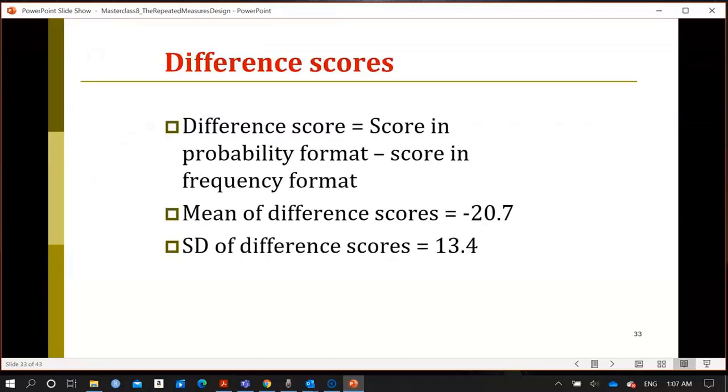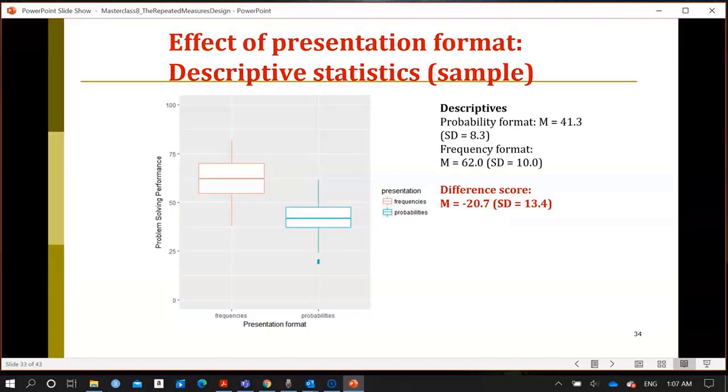Okay, so the mean difference score is the score in probability format minus the score in frequency format. So we calculate that for each of the participants, and that gives us a score of minus 20.7. And the standard deviation of these difference scores is 13.4. So here we've got the descriptive statistics.